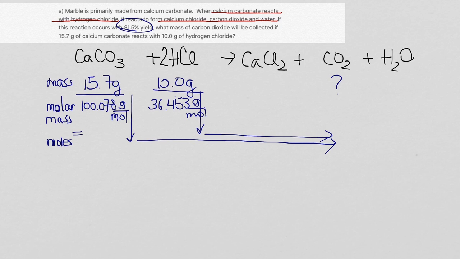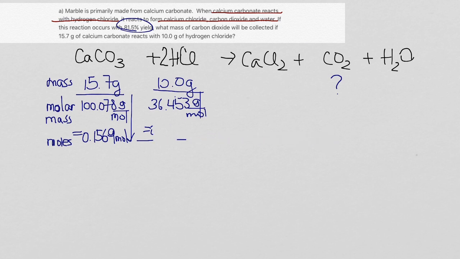So I'll leave more decimal places. 0.1569 moles of calcium carbonate available, and the amount of hydrogen chloride is 0.2743 moles of hydrogen chloride available.